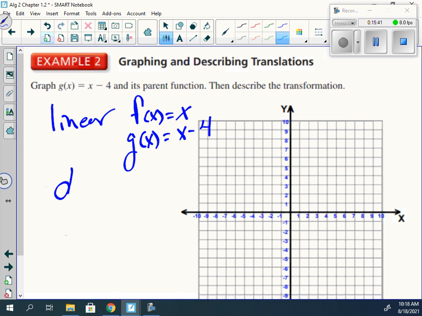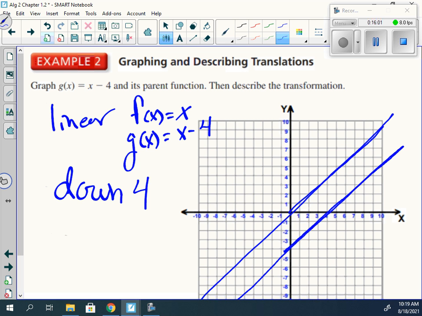It went down 4. And if we graphed it, we would see that every point on that line moved down 4. So the original parent function should be something like this here, and the other one will be this here. It moved every point down 4.